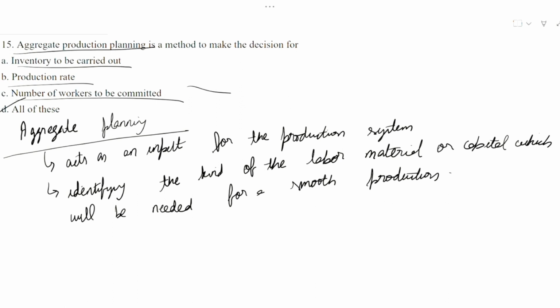Then adjusting the number of working hours. For a given stable workforce, meaning a given number of workers, you can allow idle time if a reduction in production is needed. For extra time, or if there is an increase in demand or a rush order situation, we can work overtime.